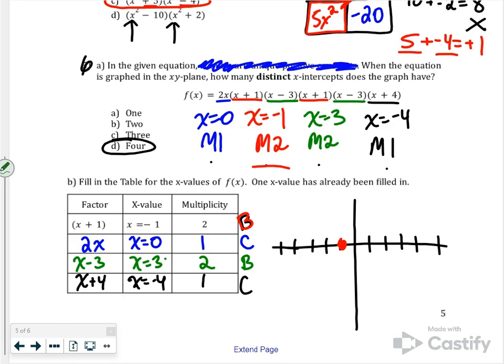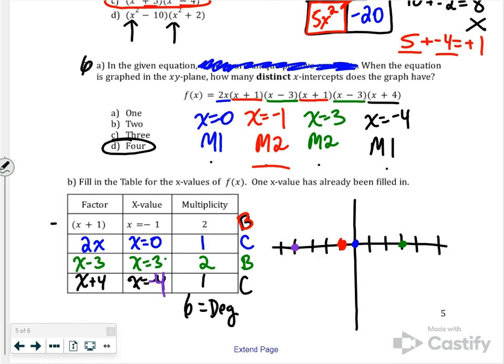Oh, sorry, x equals +3. Right here, good. This is going to be x equals 0. And then our last x value out here would be at -4. So I'm going to do 1, 2, 3, 4 right here. And we add up the multiplicities, and we see that they add up to 6. So that is the degree.